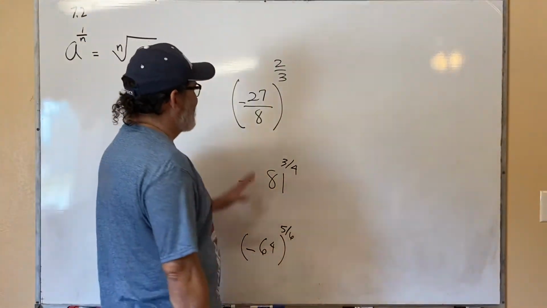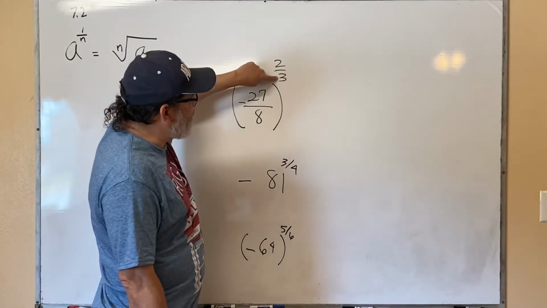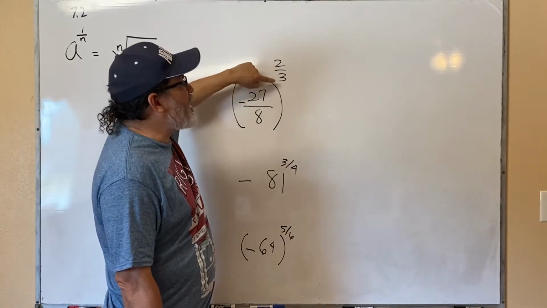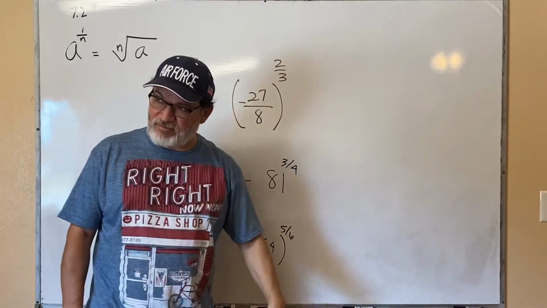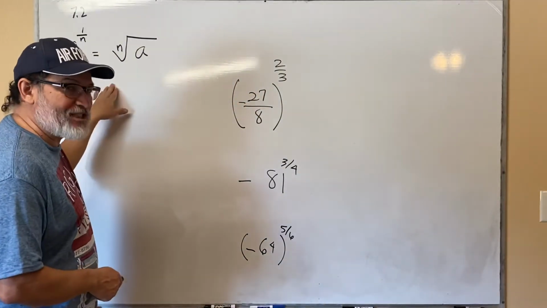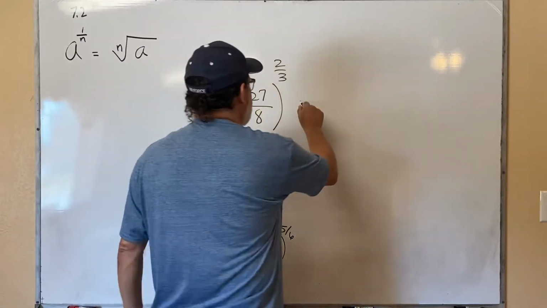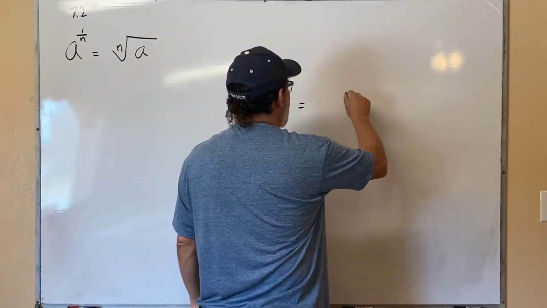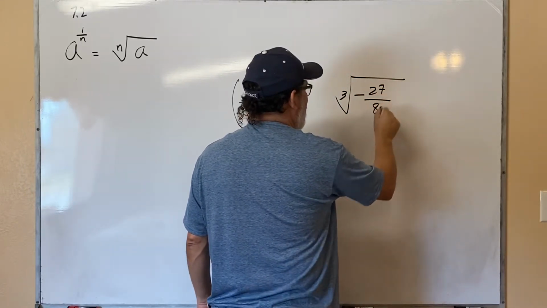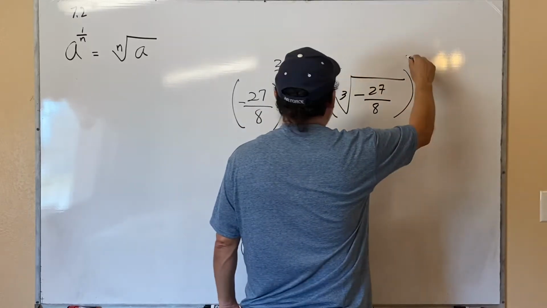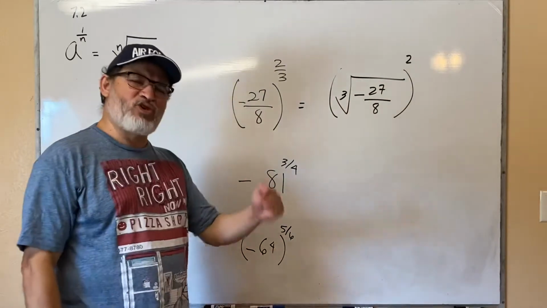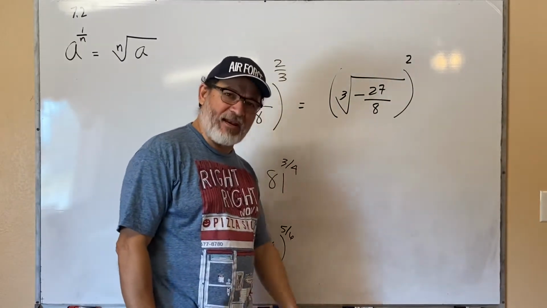Don't forget, this denominator is the index and this numerator is the power, and we take care of the index first. Let's express the first as a radical expression. So this becomes the cube root of negative 27 divided by 8, raised to the 2nd power. Can you take the cube root of a negative? The answer is yes, you can.